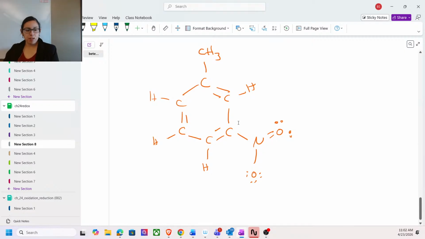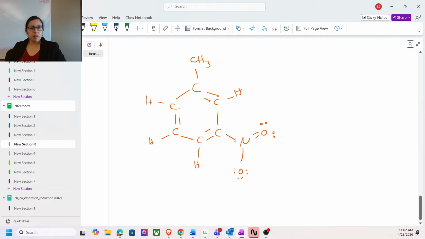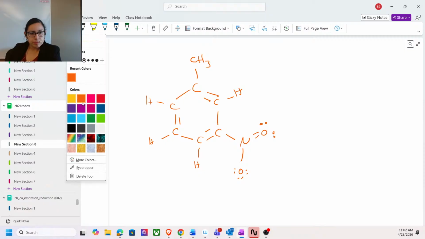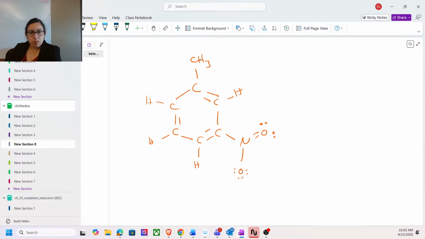So we left off here, and we were trying to determine oxidation states. Let's go over this one. I'm starting at the methyl group, pulling things apart and giving all the electrons to carbon in this case.